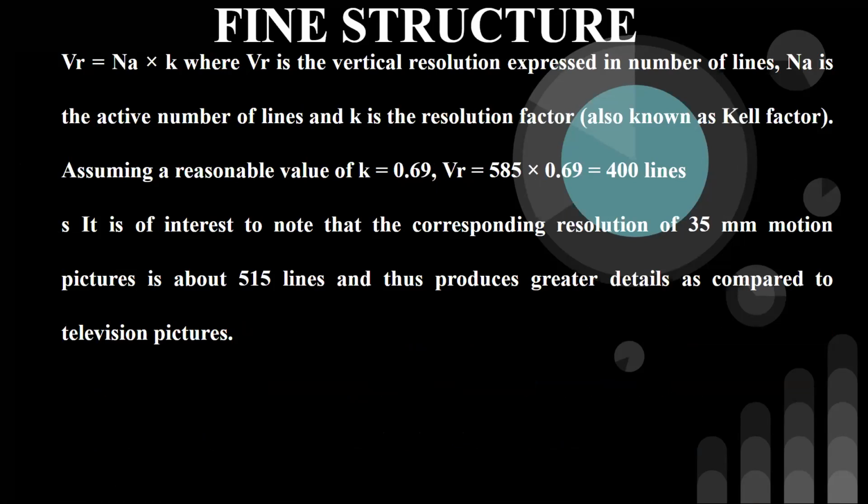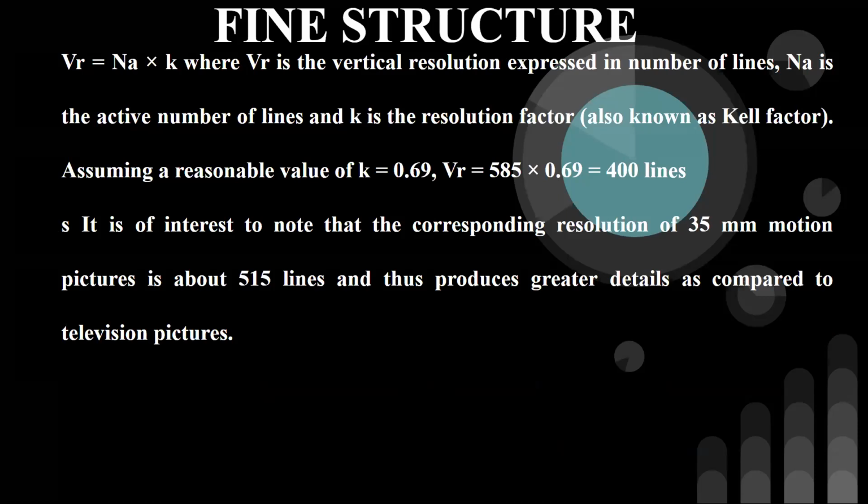Now you are watching on your screens the equation for vertical resolution. The equation for vertical resolution equals NA times K. What is NA? Number of active lines. In our picture, the number of active lines is 585.